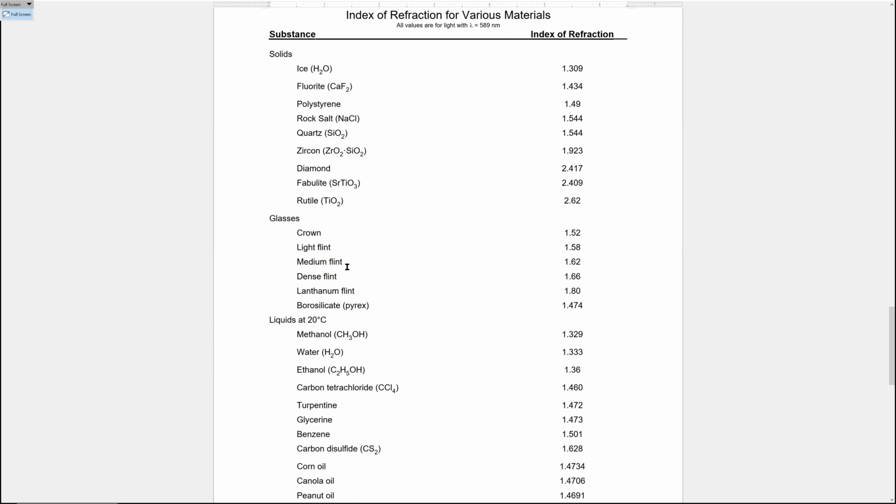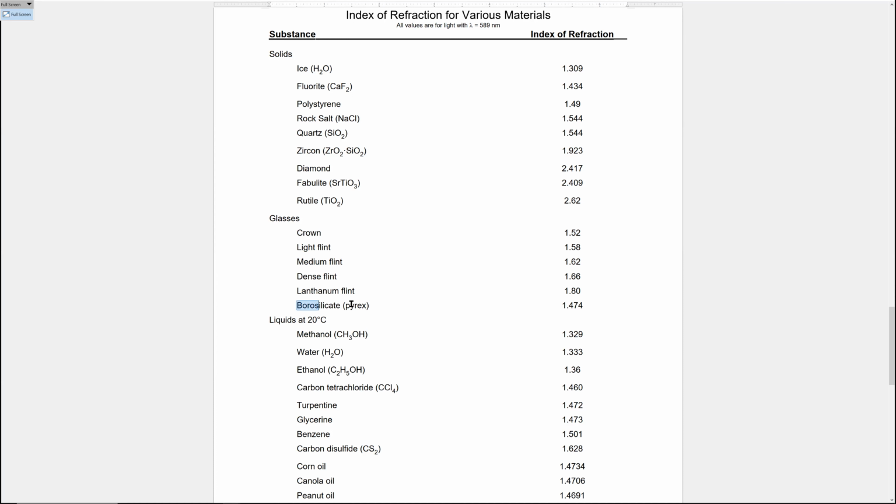Flint, for instance, and you've got those things mixed in, and that'll give those things different indices of refraction. Borosilicate, which is Pyrex. Now, I guess nowadays, if you buy cookware that says it's Pyrex, it may not be the same borosilicate glass that it used to be.